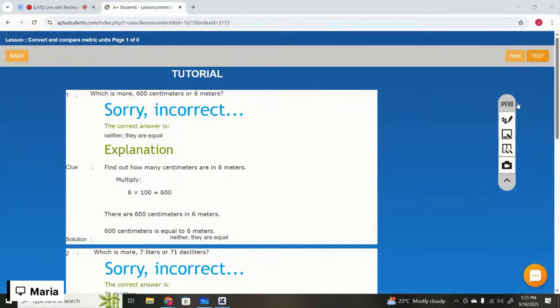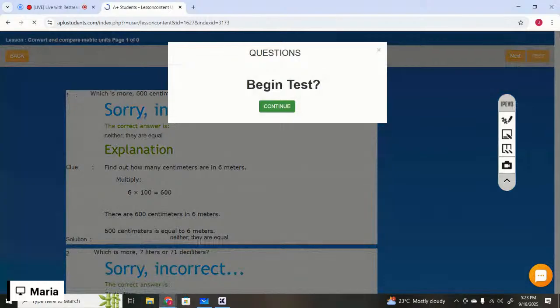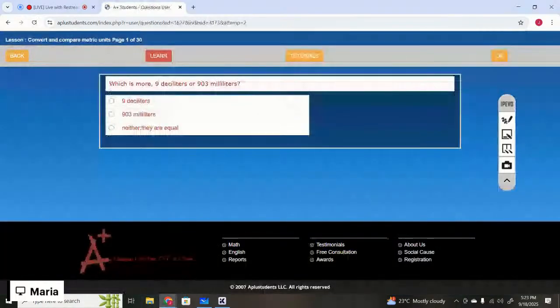Let's just start with the test questions. Which is more, 9 deciliters or 903 milliliters?